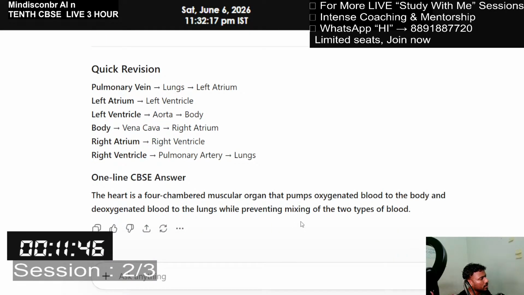The heart is a four-chambered muscular organ that pumps oxygenated blood to the body and deoxygenated blood to the lungs while preventing mixing of the two types of blood. That is, deoxygenated and oxygenated blood are prevented from mixing.